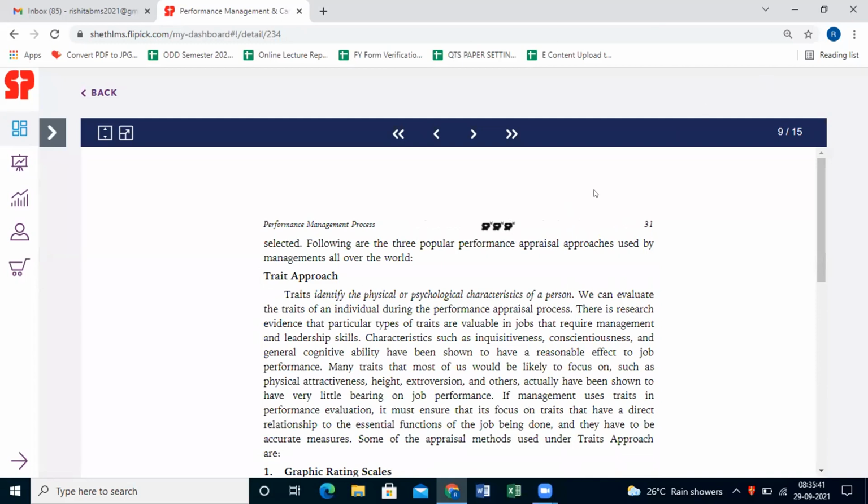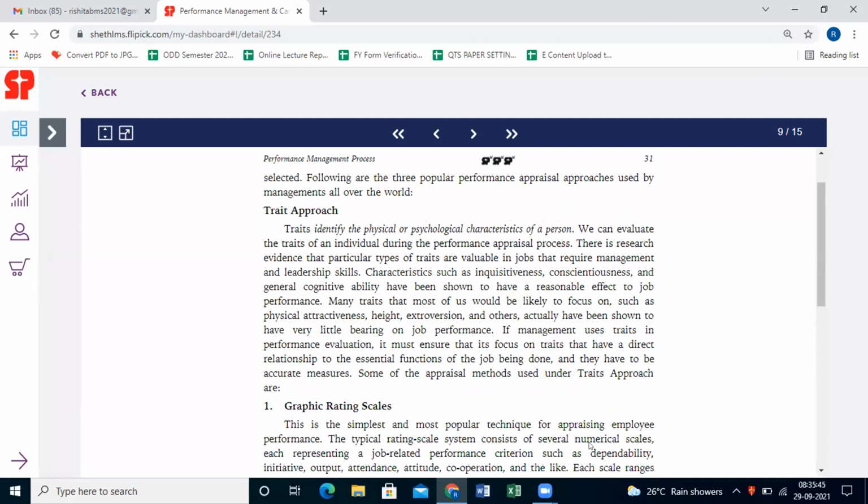The first approach to that is the trait approach, wherein you identify the physical or psychological characteristics of a person: his physical attractiveness, his height, whether the person is extrovert or introvert, his or her inquisitiveness, general cognitive ability, that means intelligence. All these traits are taken into criteria, and accordingly the employee is given a certain rating.